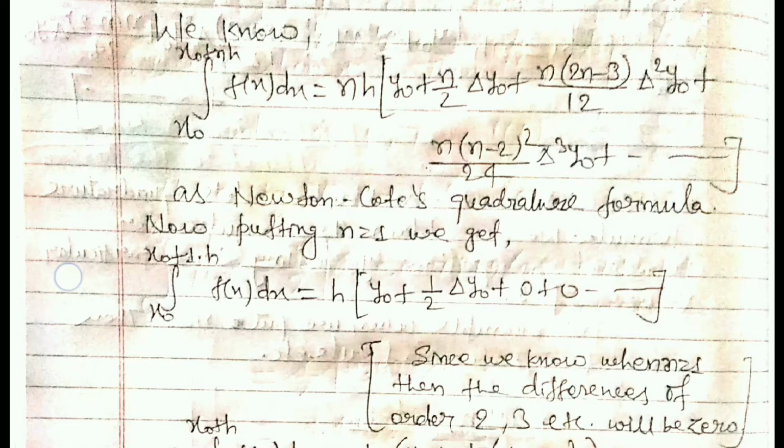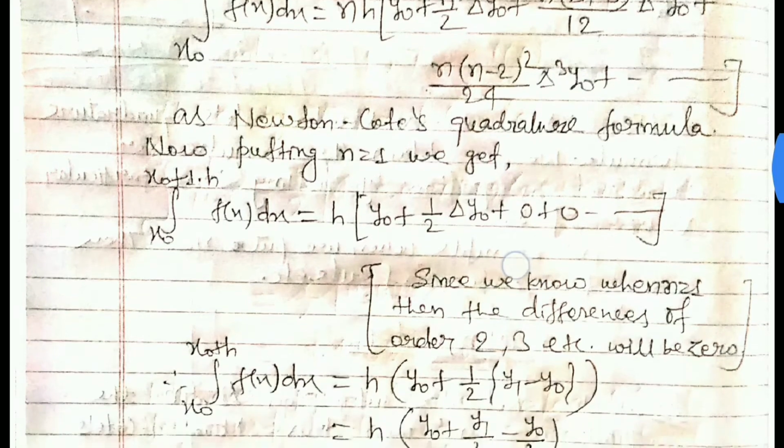But we see here that for n equal to 1, the first difference remains, but after the first difference, the differences of higher orders, that means the second difference, third difference, fourth difference, etc., will vanish. That means they will be 0.